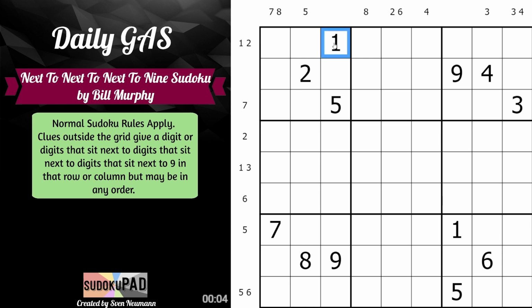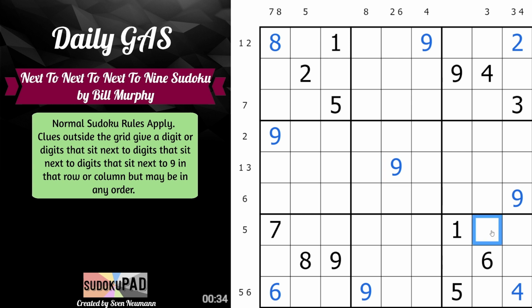All right, Bill. We've got next to 9, next to 9, next to 9. I bet you cannot guess what we are going to end up solving next, but maybe you can. 7 will go 9 here, 8 here. Then 9 will go smack dab in the center.